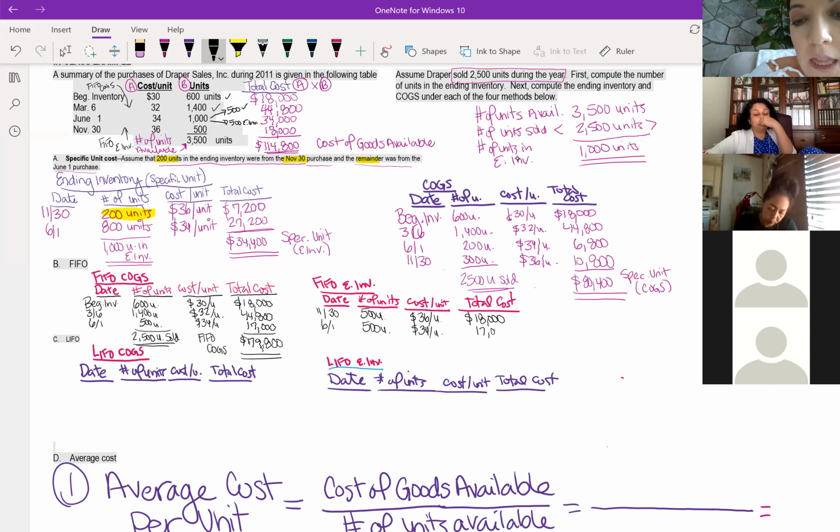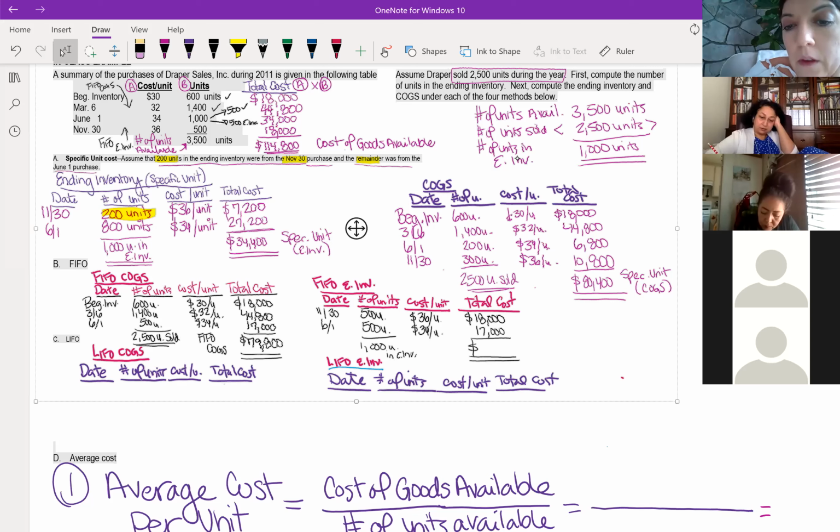So $17,000 is sitting in ending inventory for the June 1st purchase. 1,000 units in ending inventory, which we calculated above. The total value of ending inventory for FIFO is what? $35,000. $35,000.